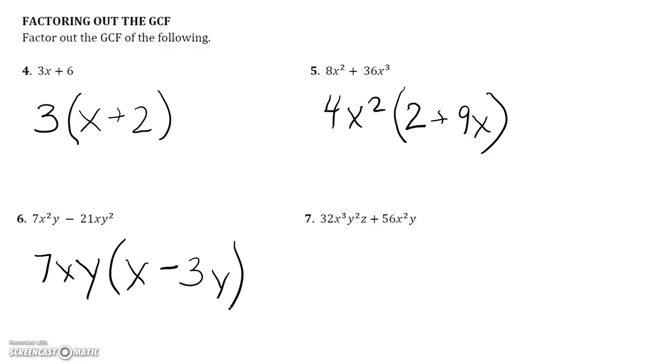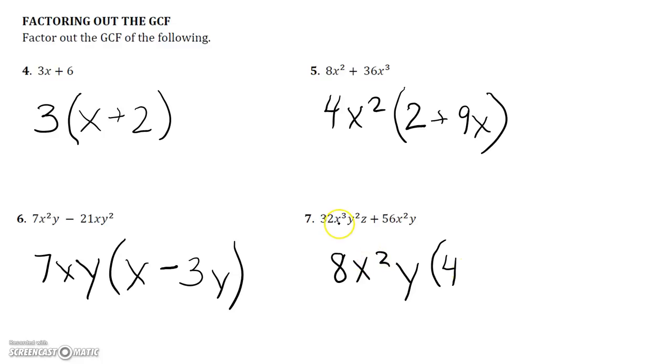Moving on to number 7, we've got a few more variables. So we're looking at both terms and finding the GCF. GCF between 32 and 56 is going to be 8. X cubed and x squared, they share x squared. Y squared and y, they only share a y. And they don't share a z since the second term does not have one. Pulling this out of both terms, 32 divided by 8 is 4.